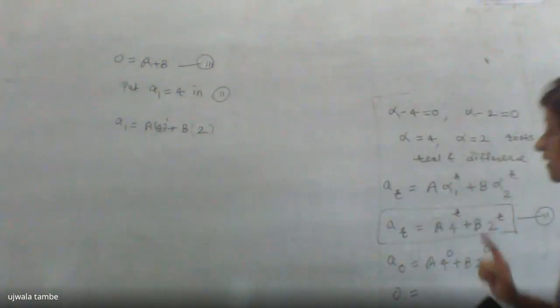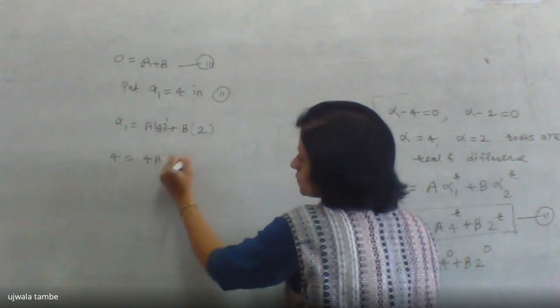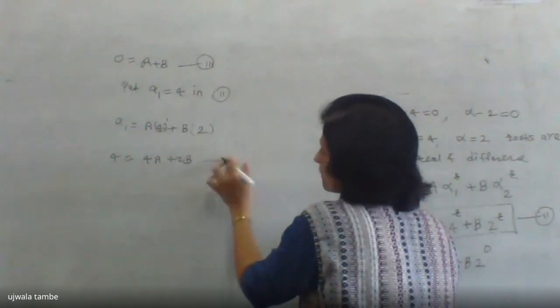But the value of a1 is 4. That is 4 is equal to 4a plus 2b. This is equation number 4.